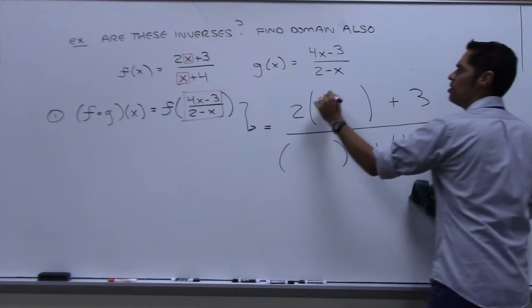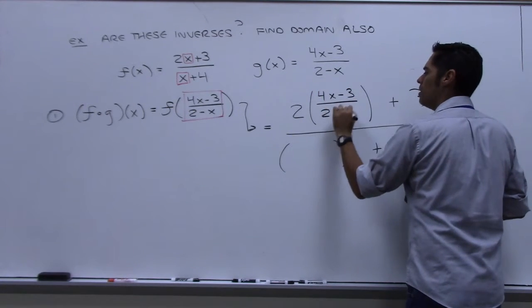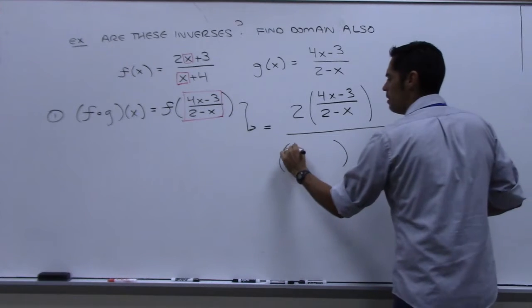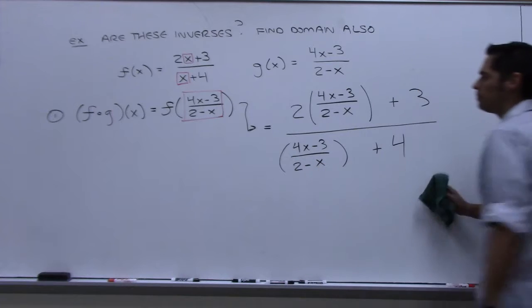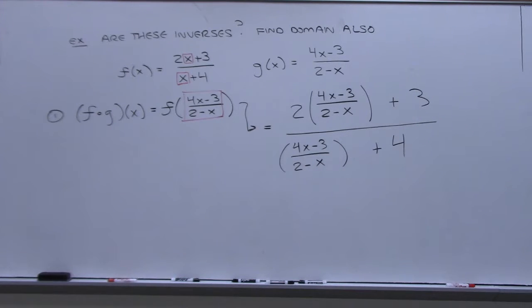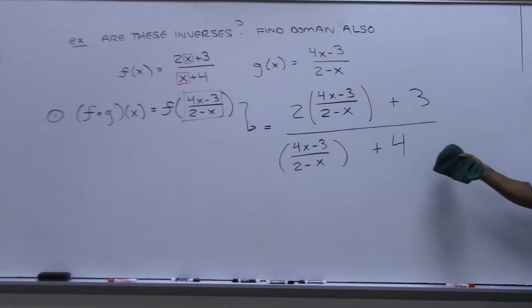So here comes g in here, 4x minus 3 over 2 minus x. And down here, 4x minus 3 over 2 minus x. Now that's not as nice as the previous two, right? Previous two, the algebra was really simple. This is going to test your ability to simplify complex fractions.